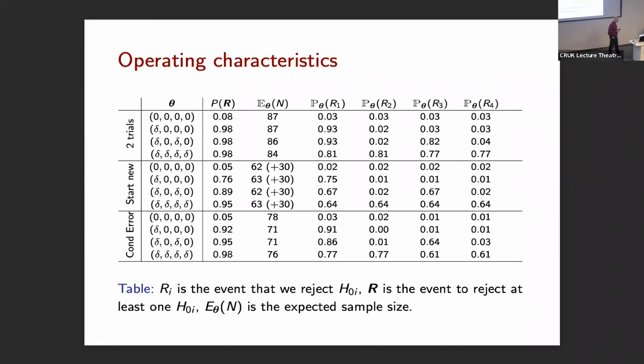The conditional error, on the other hand, gives me the control at 5% as desired, and it gives me good, but maybe not quite as good, probability of rejecting at least one null hypothesis, sort of a halfway house between the first option, while still controlling the overall error rate.